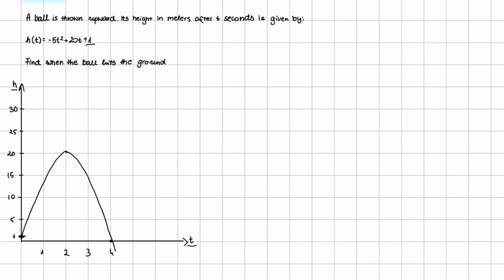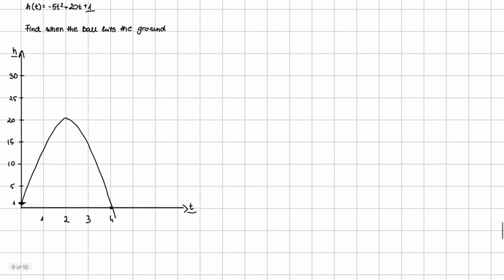It is the number that has no t next to it. So it is our y-intercept. Our maximum height is here, and we have to find when the ball hits the ground. So when h is 0.